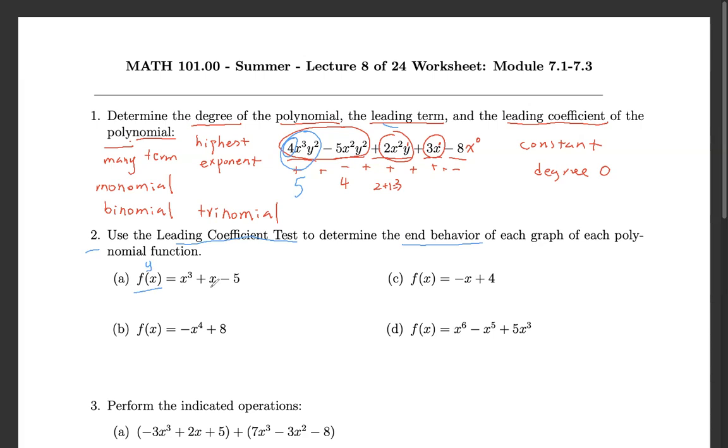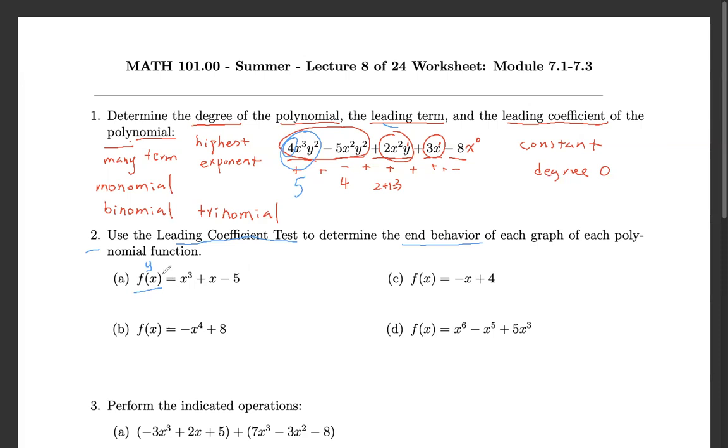But now in the function world, some equations are functions, so we write it as f of x. Basically saying this is a function, determined by the value of the input x. How is it defined? Cube it, raise the input to the power 3, plus the input, minus 5.